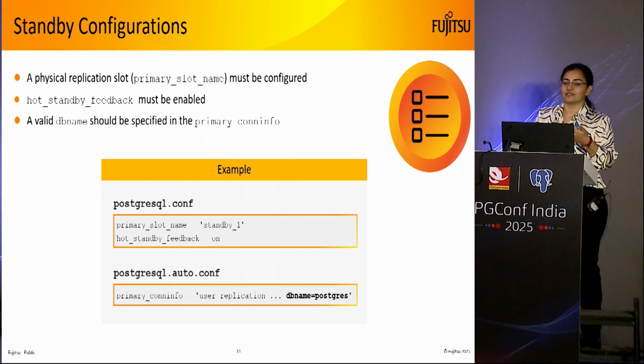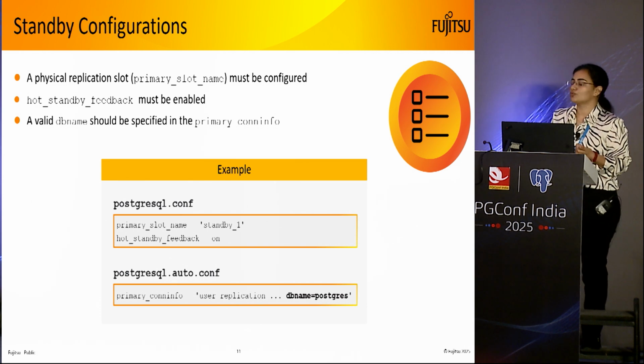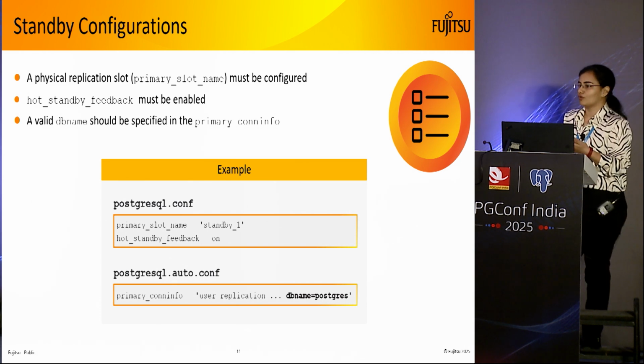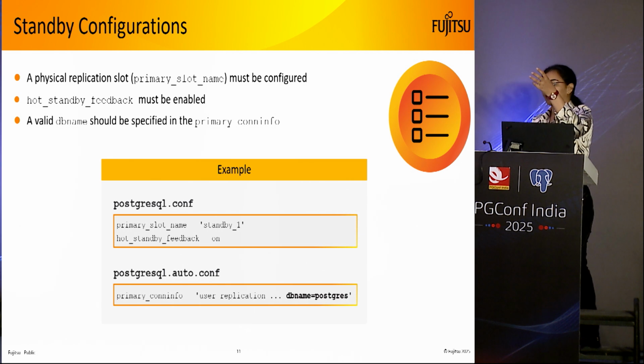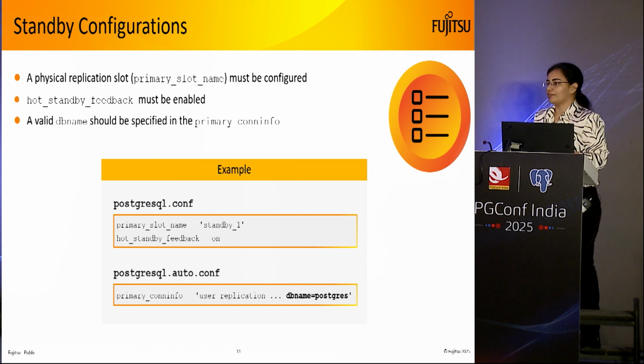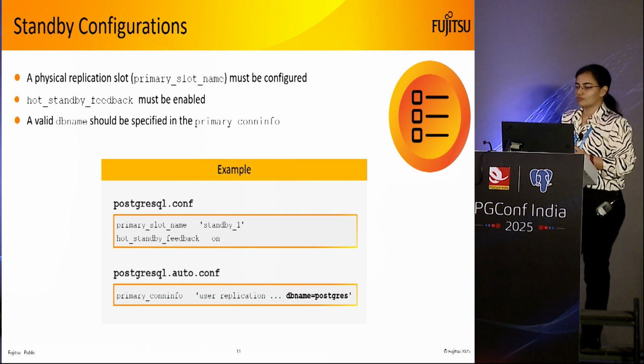And third, a valid database name should be specified in primary_conninfo. Why? Because internally, when the standby connects to the primary node, it has to fetch all the logical slot information, and to do that it runs a SQL query internally. To run a SQL query we need a valid database name, so that configuration is also required.